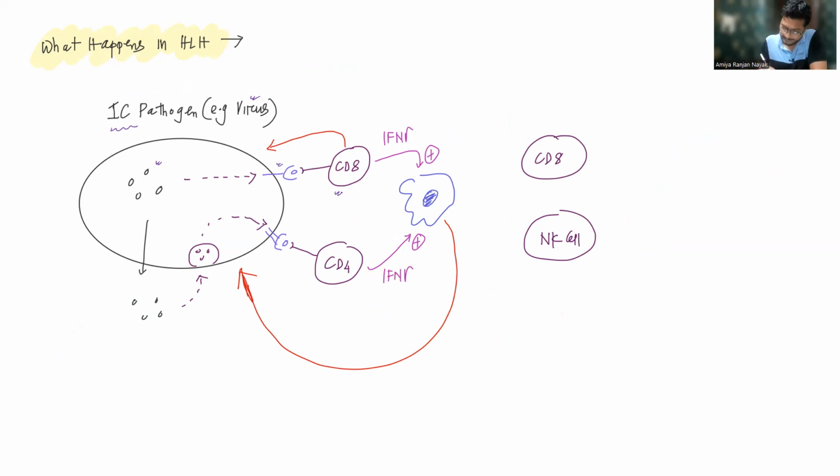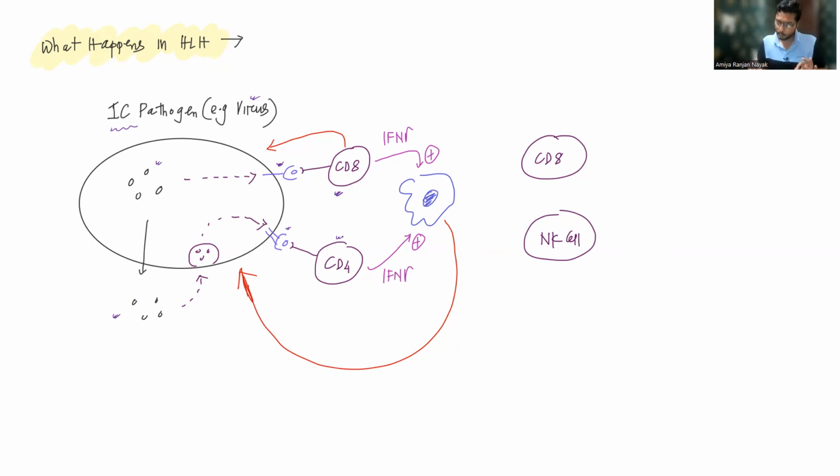Similarly, some of the proteins can come out of the cell and be taken up by antigen presenting cells through endocytosis, and presented with the help of MHC class 2 molecule. This is the MHC class 2 molecule, and this is the MHC class 1 molecule. Through this process, they will activate the CD8 plus T cells and CD4 plus T cells, and ultimately, as I have discussed previously, they will cause activation of the macrophages. This is what normally happens.